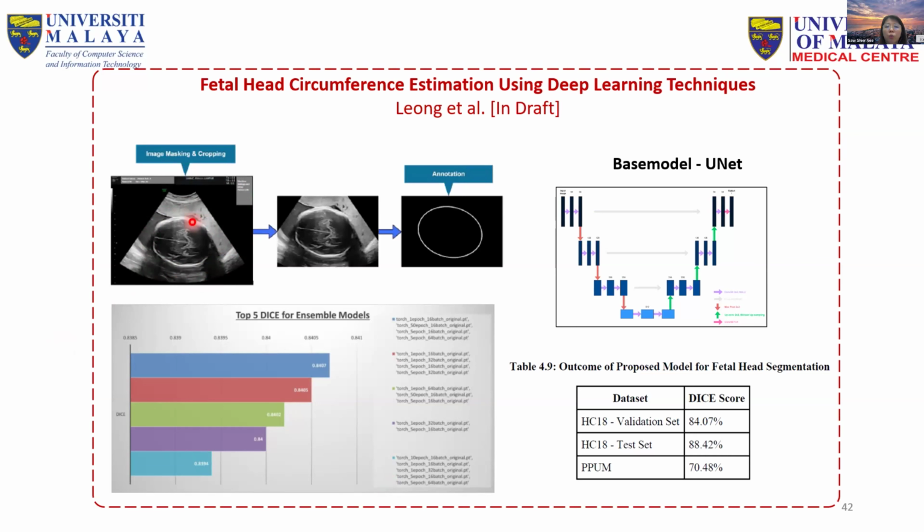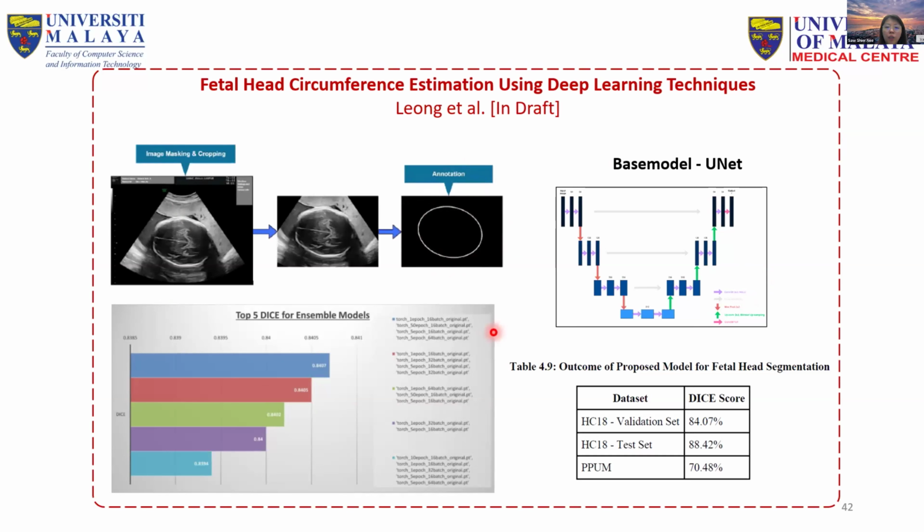So we want to make it an automated system, right? When we capture the image, we can let the AI model directly measure the head circumference. So what we do is we train a very common UNet-based model to get the outline of the head circumference.